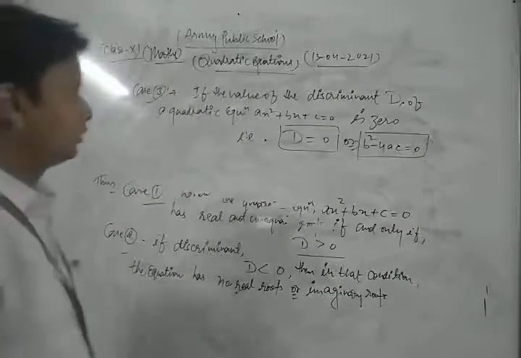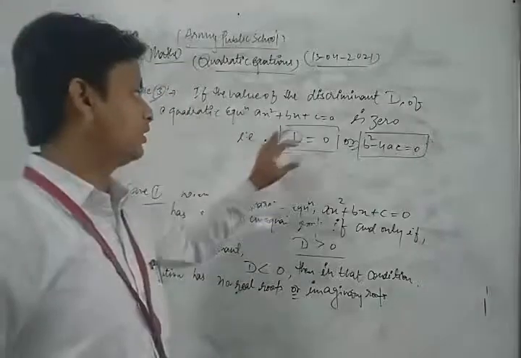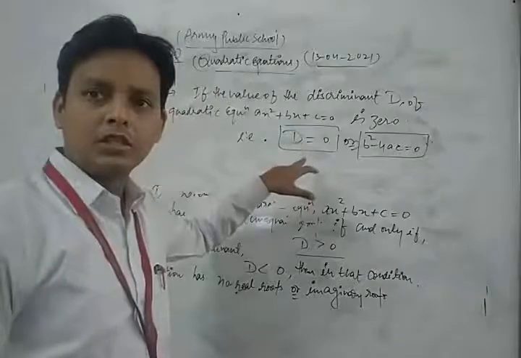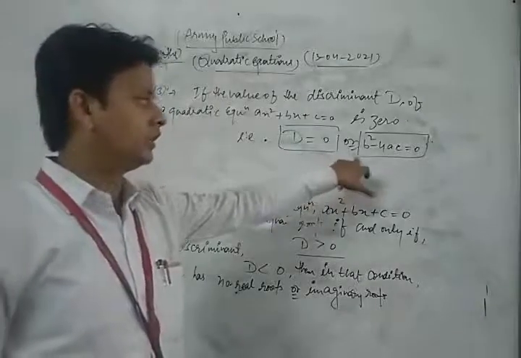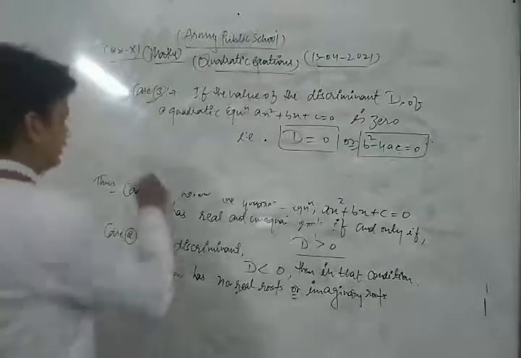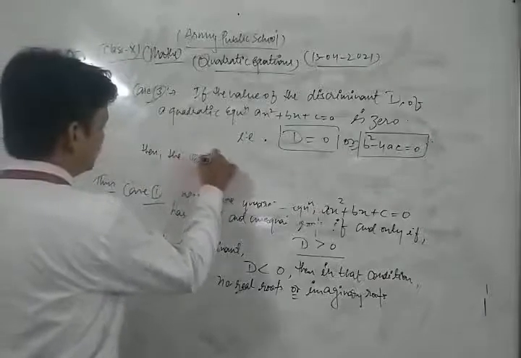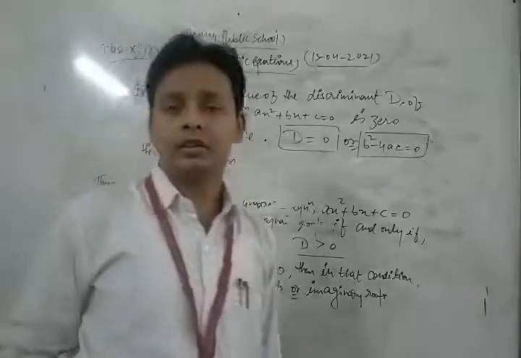Okay, if the value of the discriminant D of a quadratic equation is 0, that is D is equal to 0, or we can write b square minus 4ac is equal to 0, then the equation has what?